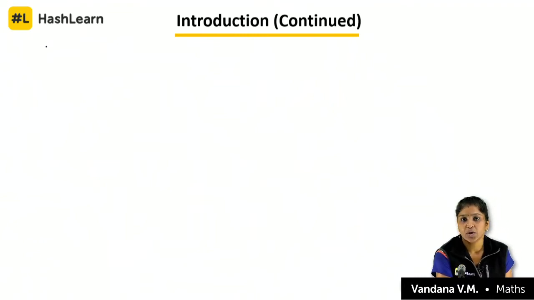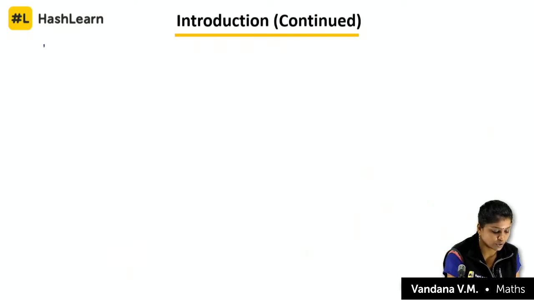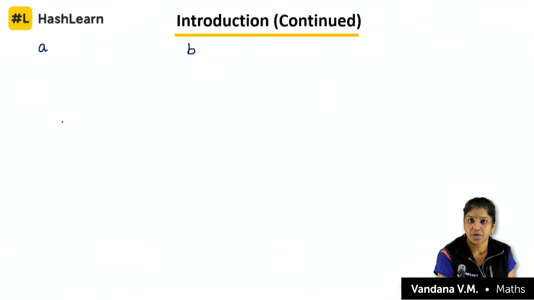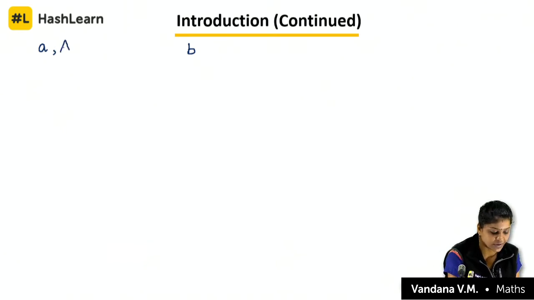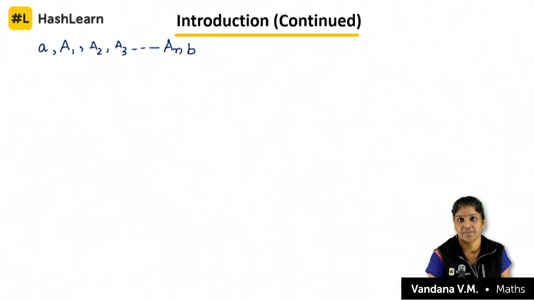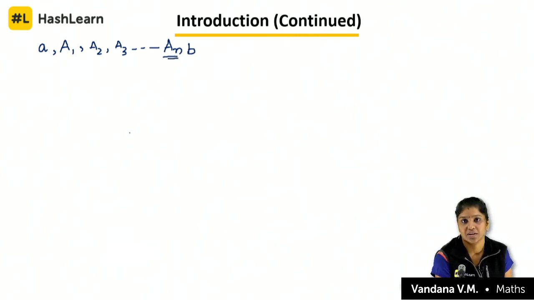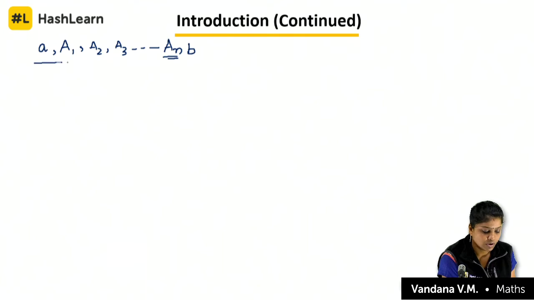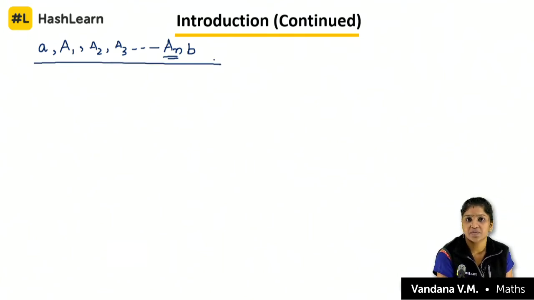suppose I would like to insert n arithmetic means, at that time what to do? I have terms A and B. I would like to insert n arithmetic means A1, A2, A3, and so on. At that time, how to find the rth term? Look at here. Now, total number of terms.